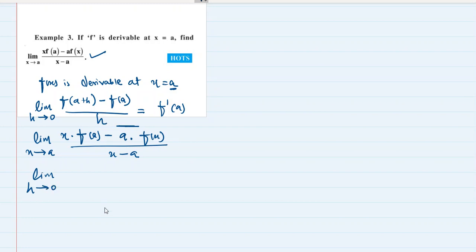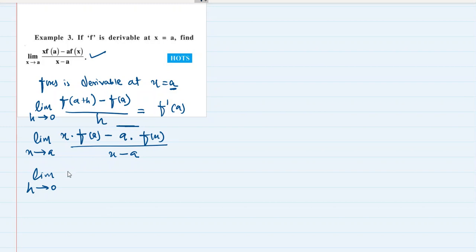So whenever I convert from x tends to a to h tends to 0, in the place of x, I'm going to write a plus h. Okay, so let's write that.